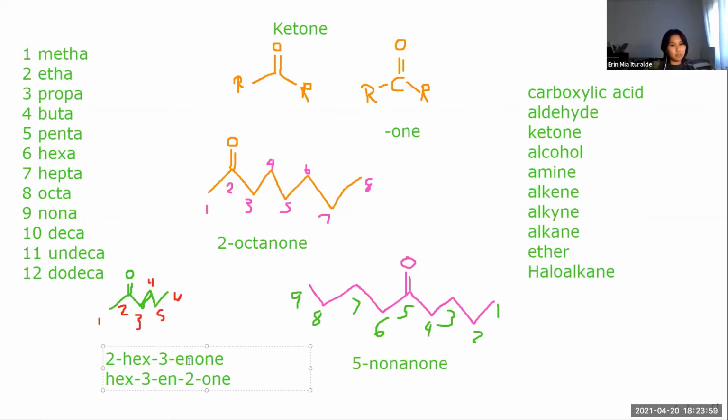Oh, I see. There are two different ways to write it. So I didn't forget to replace the E. The EN means it's a double bond, as the AN means it's a single bond.